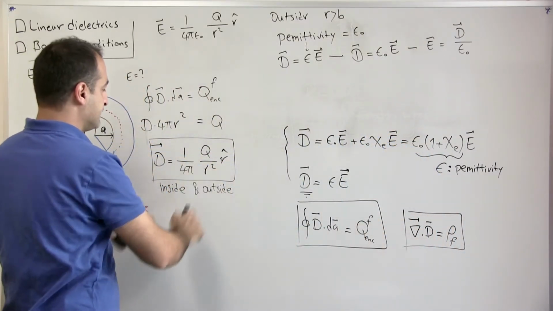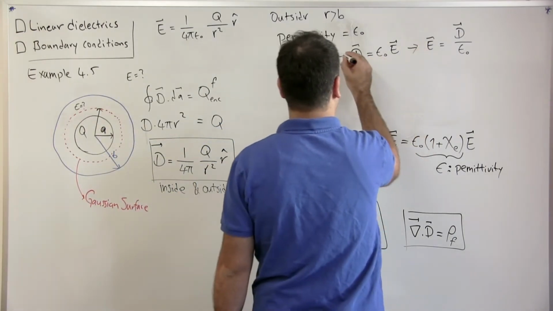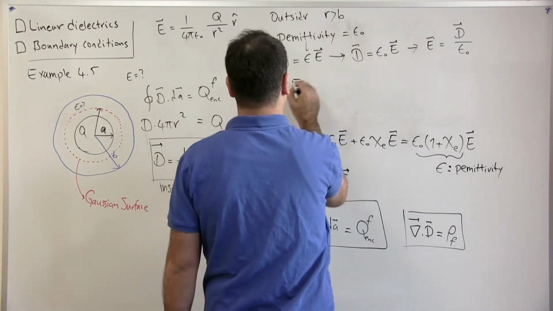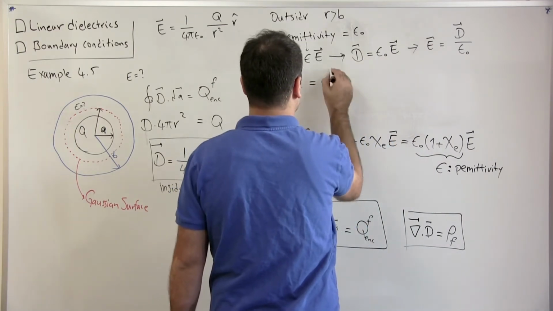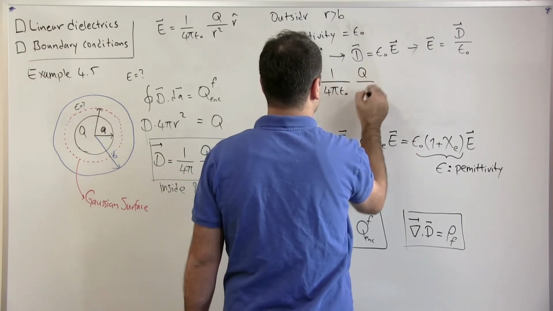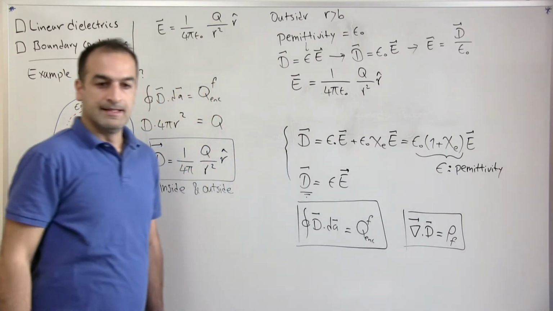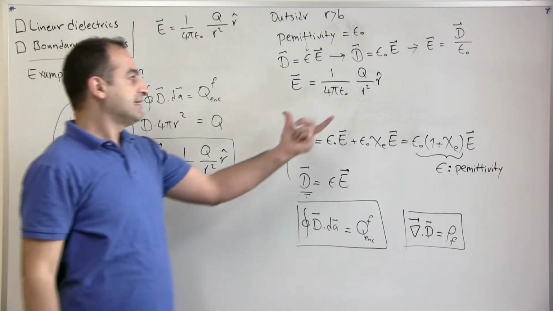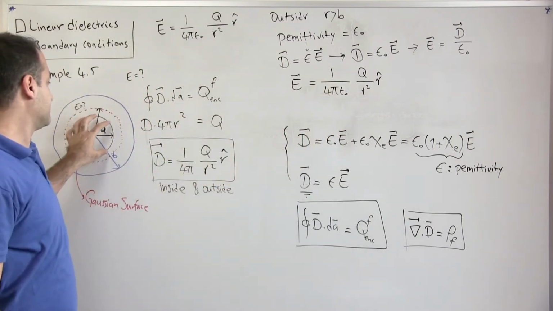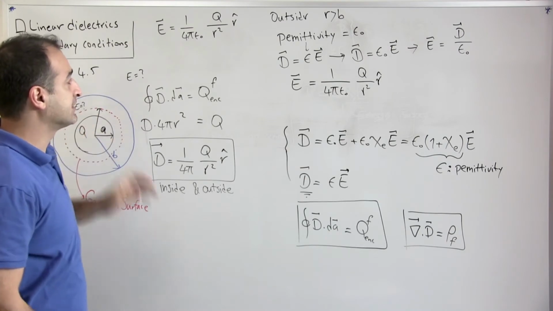We just need to divide that by epsilon 0, and we get the electric field E is 1 over 4 pi epsilon 0 Q over R squared times R hat. Sounds good? And this is exactly the kind of electric field we expect to get when we have a charge of Q right here, without any dielectric.